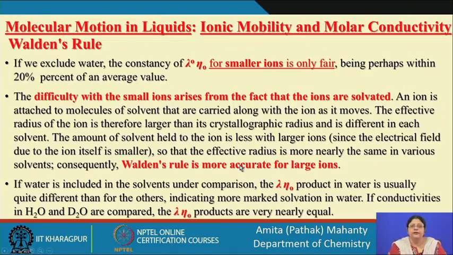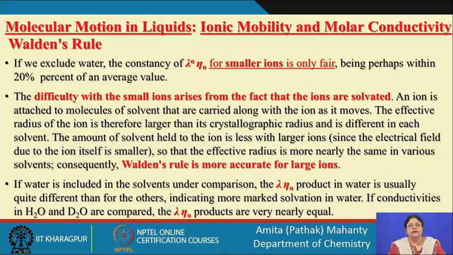Now, in the next class we are going to discuss how the molar conductivity is dependent on the concentration of the electrolyte. If you remember, according to Kohlrausch's law, it is going to be dependent on the square root of the molar concentration.